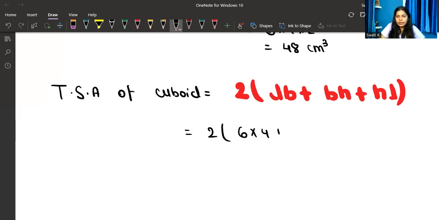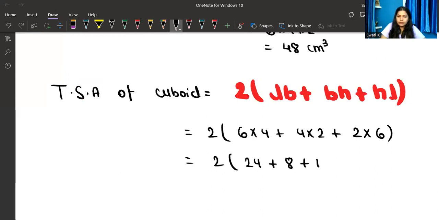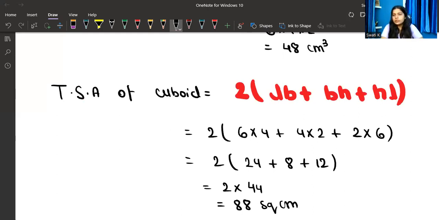B is 4, H is 2. H is 2, L is 6). That is it. So this will become 2 times (6 times 4 is 24, 4 times 2 is 8, and 2 times 6 is 12). So it is 2 times 12 plus 8 is 20, 20 plus 24 is 44. So it is actually 2 times 44, and the answer is 88 square centimeters. So this is our total surface area of a cuboid.